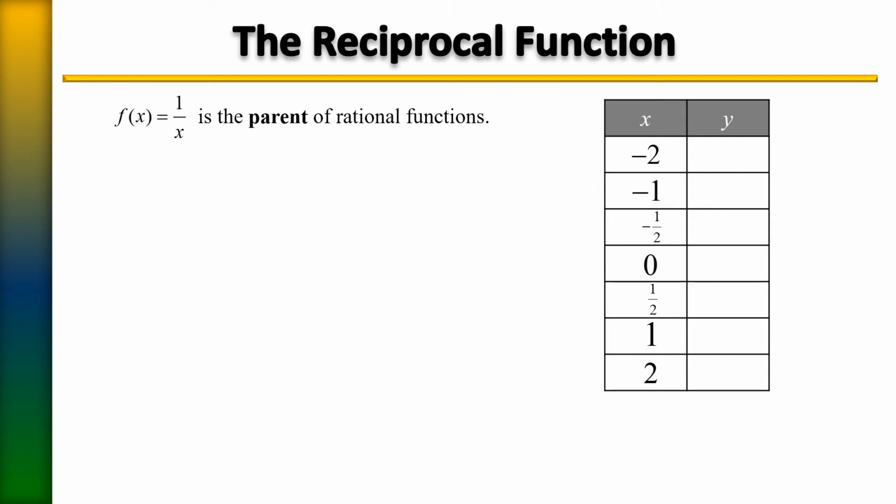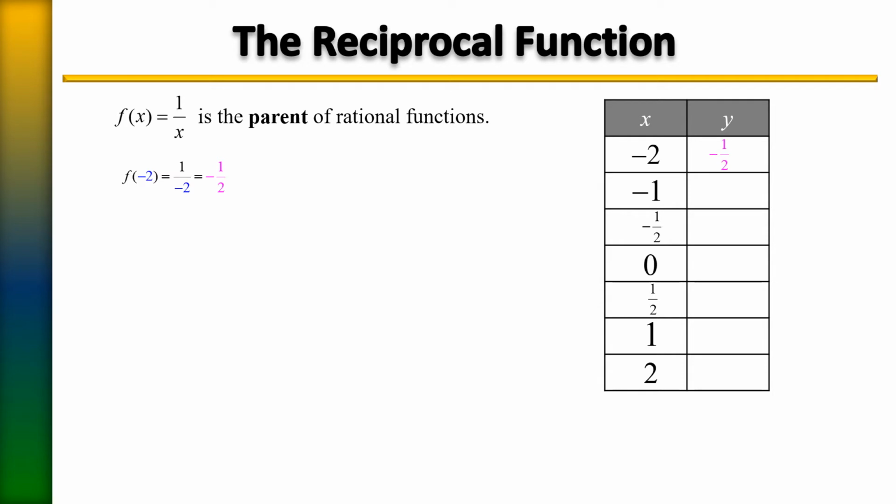Let's go ahead and plug in some values into this function so we can get an idea of what it looks like. Let's start with -2. If we replace x with -2, we get an output of -1/2.